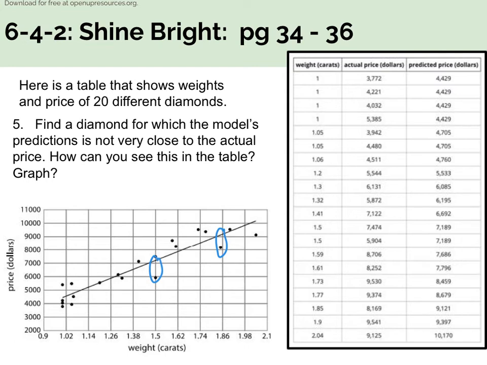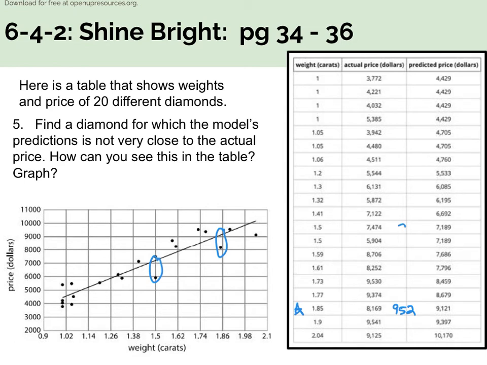I am going to look at the 1.86, well, it's 1.85. I'm going to do 9,121 minus 6,169, and that's about 952. And then I'm also looking at 1.5. So 1.5 is 7,189 minus 7,474.